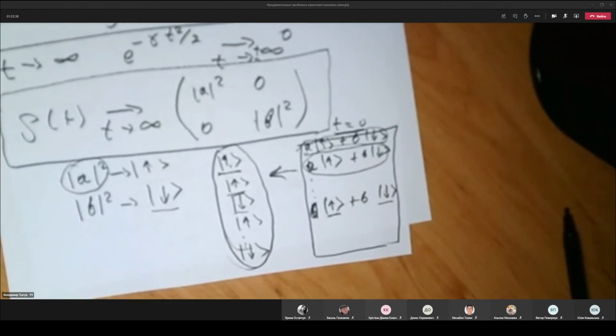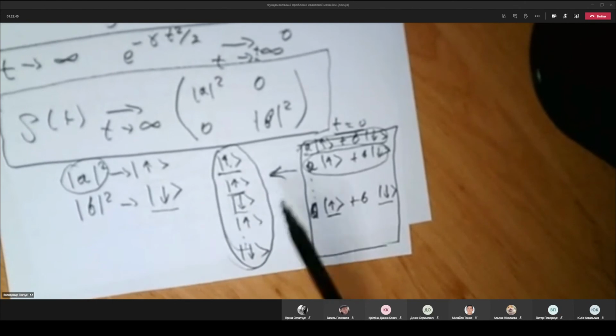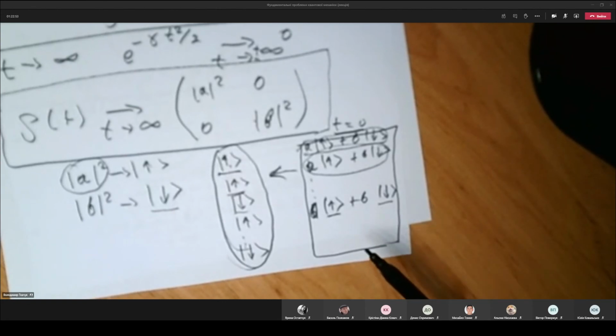So, okay, we get here a very interesting result, namely, as a result of evolution of an ensemble of spins in a fluctuating magnetic field, we obtain a mixed state.